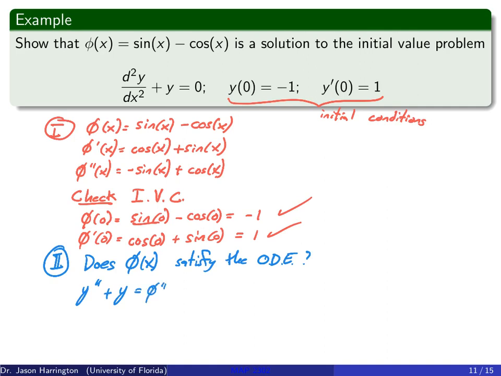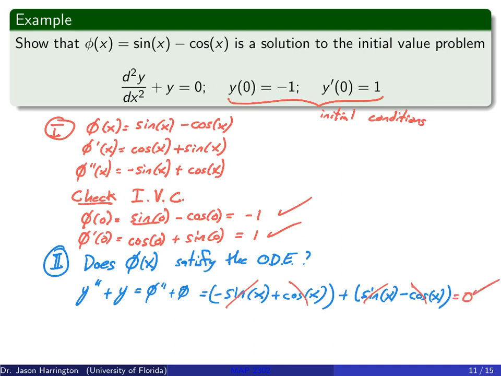So I have the second derivative of phi plus phi is equal to negative sine of x plus cosine of x. That's the second derivative that I'm getting from up here. I'm just putting it in by substitution. And then I have plus phi, which is sine of x minus cosine of x. And you should see that everything nicely cancels, giving me 0. So yes, it does work.